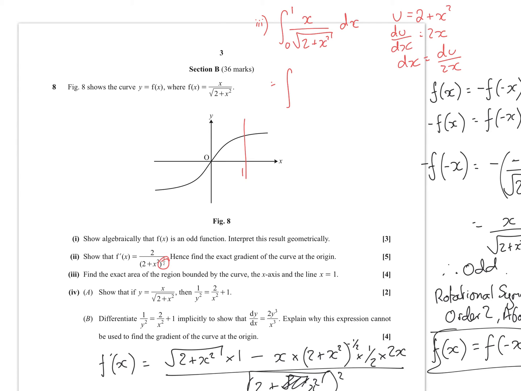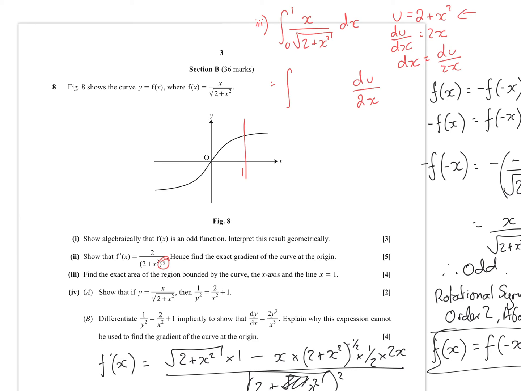I'm lazy and I often leave them in as x limits. It is often much easier when you write down dx is du over 2x to think, okay, now I am going to change the limits, and I'm going to change the limits by substituting them into this formula here.